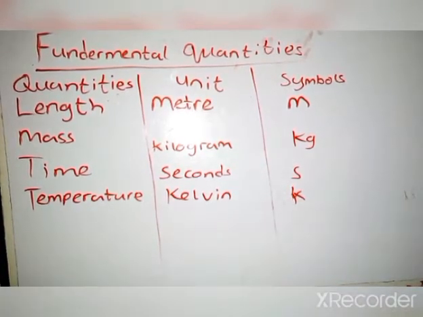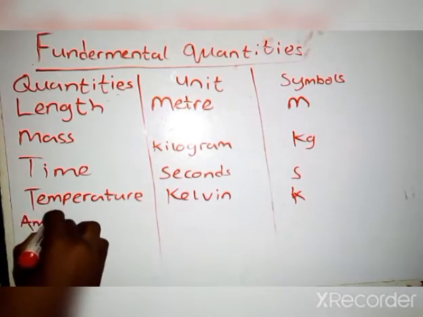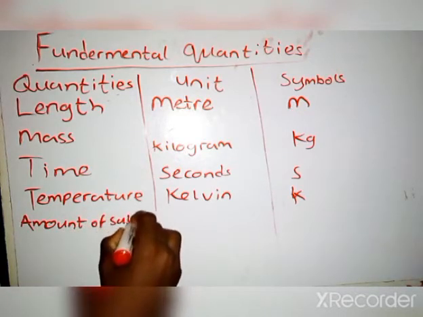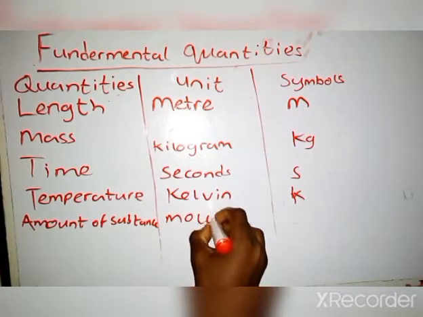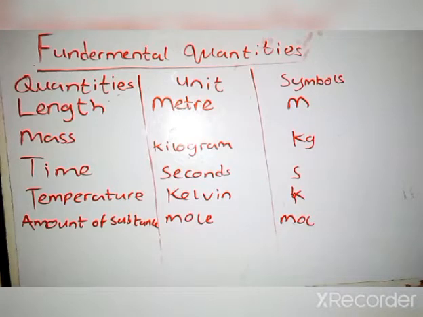We have amount of substance, or number, amount of substance, measured in mole. This amount of substance is also called number of elementary particles.